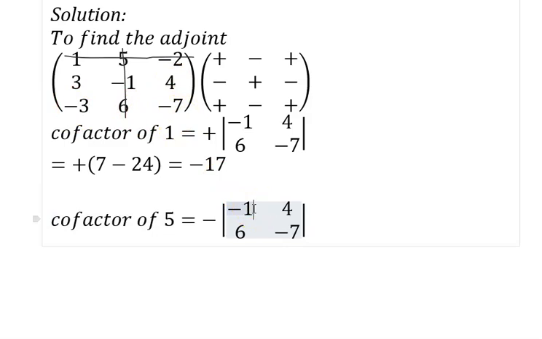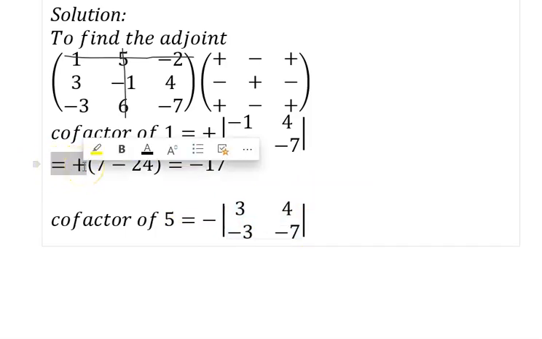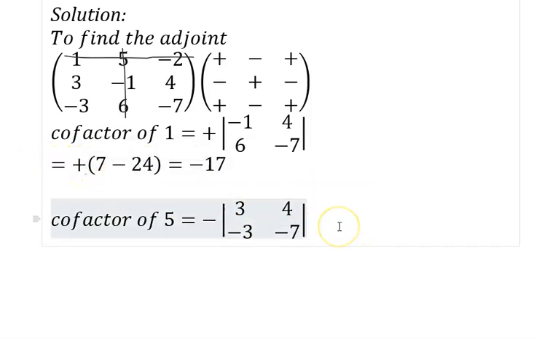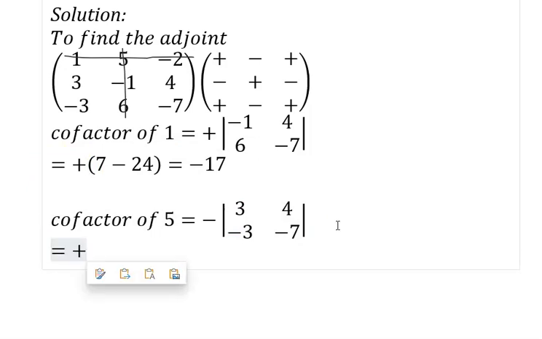So let's see how we can work with them. 3, 4, minus 3, minus 7. This time around the sign is minus.